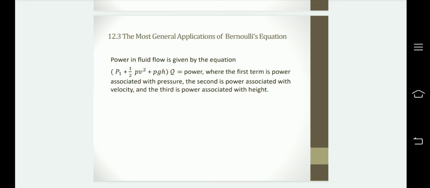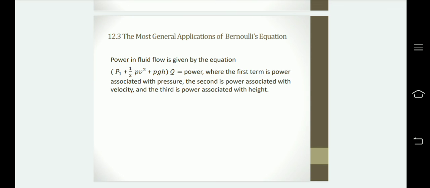For example, PQ is the power supplied to a fluid, perhaps by a pump, to give it its pressure P. Similarly, 1/2 ρv²Q is the power supplied to a fluid to give it its kinetic energy, and ρghQ is the power going to gravitational potential energy.